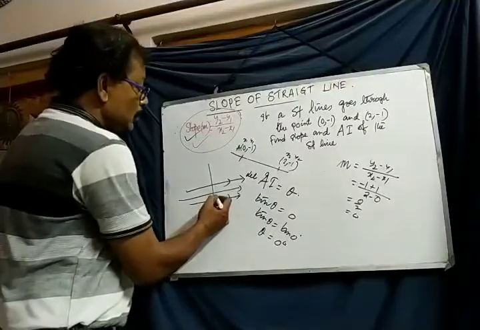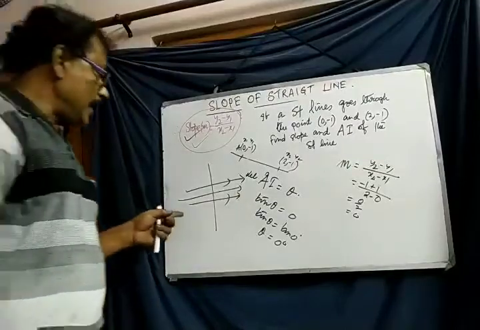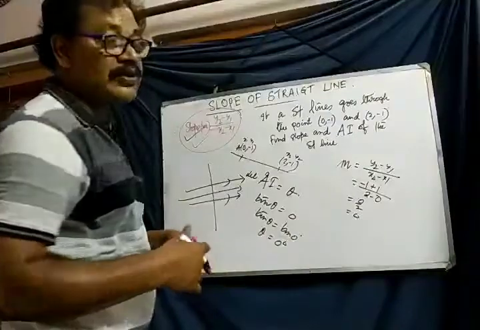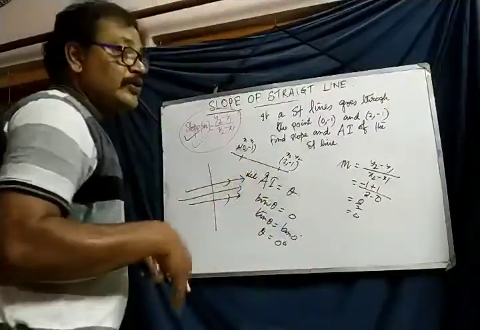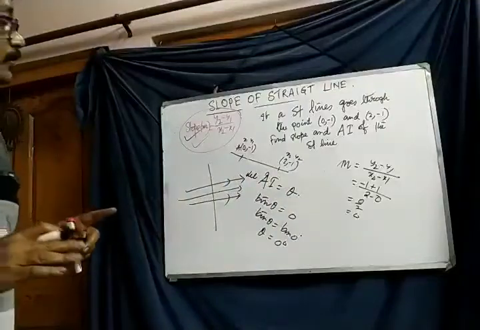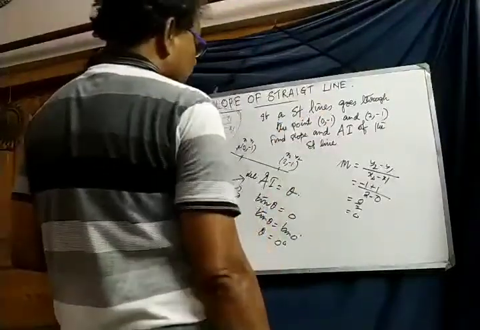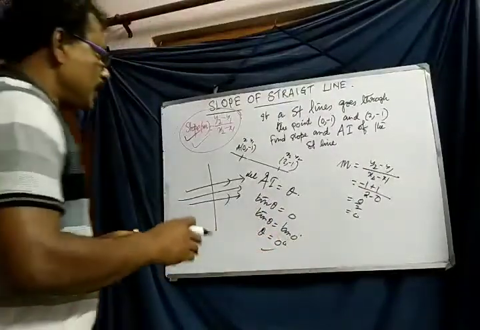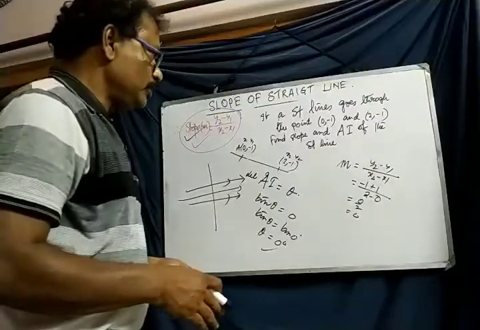Parallel to x-axis means the angle is 0. The straight line makes 0 degree angle with x-axis when it is either parallel to x-axis or coincides with x-axis. Therefore, the given straight line is parallel to x-axis, so the slope is 0.